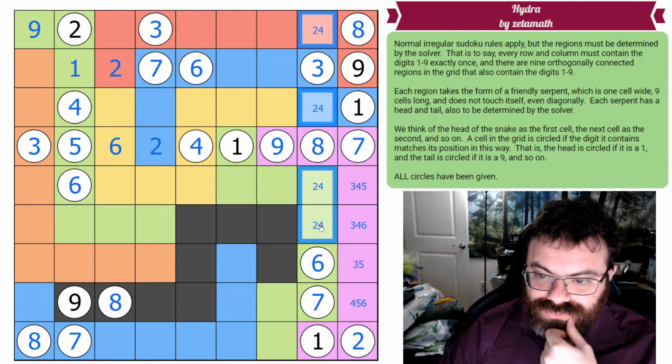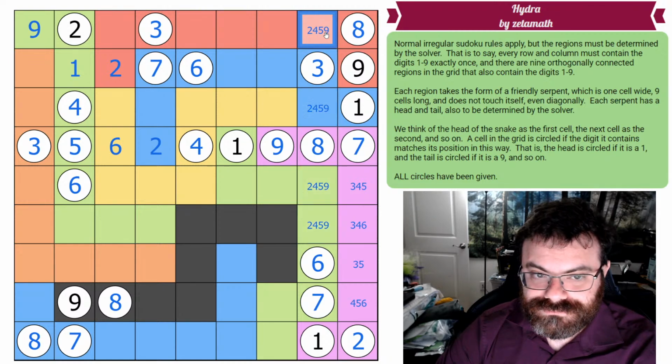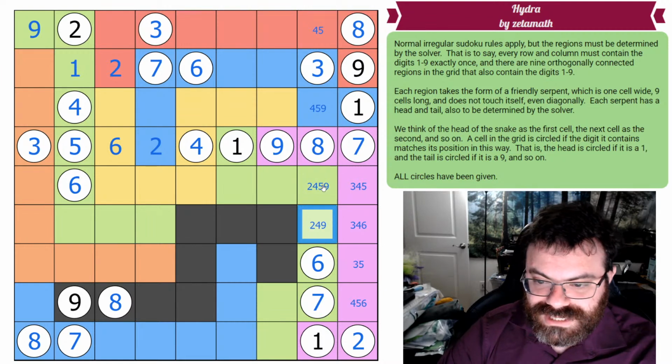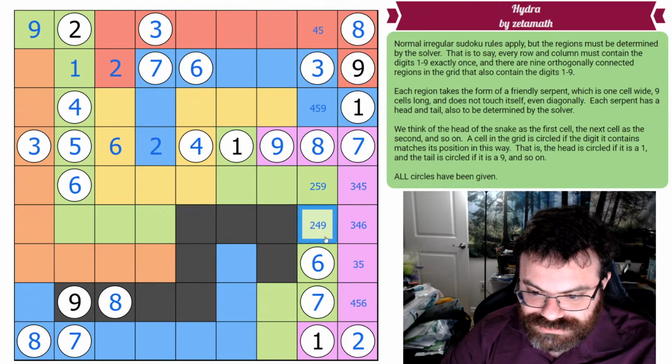This needs 2, 4, 5, 9. This can't be 2 or 9 because 9's in the region. This can't be 2 because of negative constraint. This can't be 5, this can't be 4 because of negative constraint.